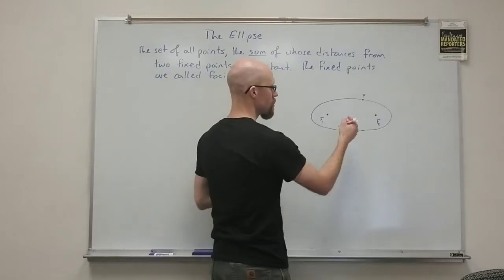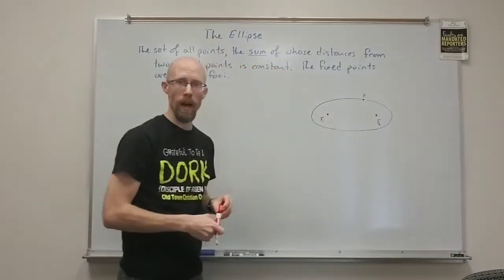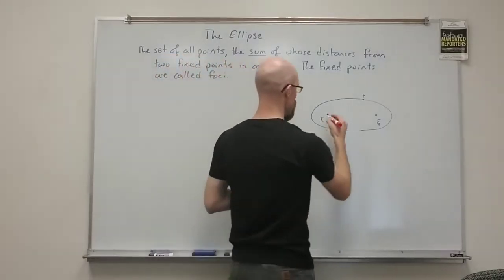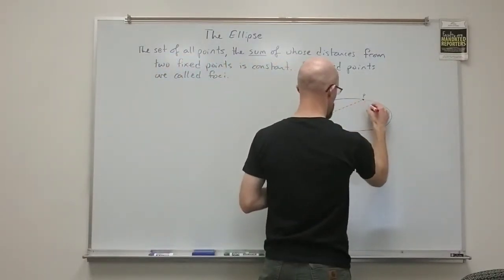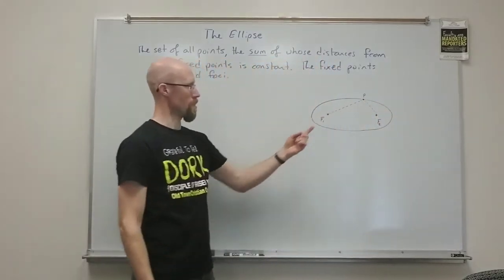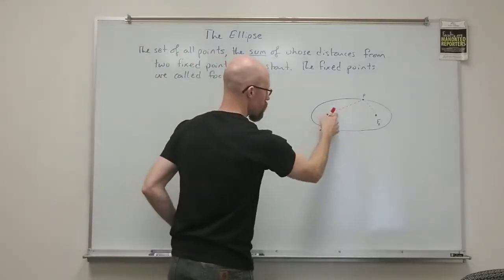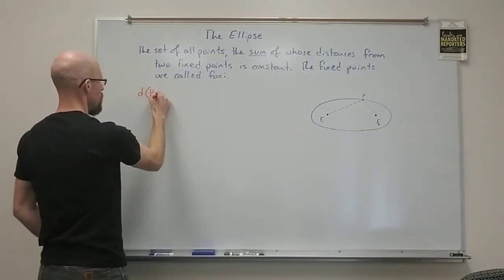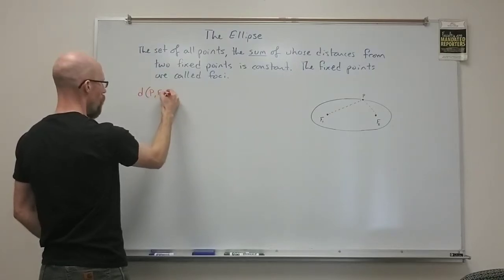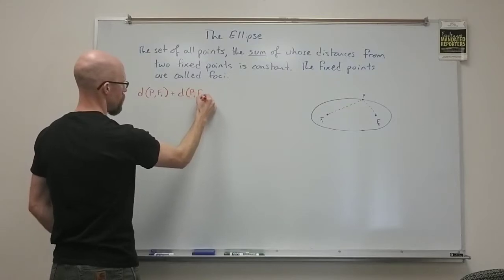All right, so what that means is if I start at this point, P, and I take the distances to the two foci and add those together, okay, so I get two different distances there, right? One to each focus. So that would be, on the first one here, the distance from P to F1, and the distance from P to F2.